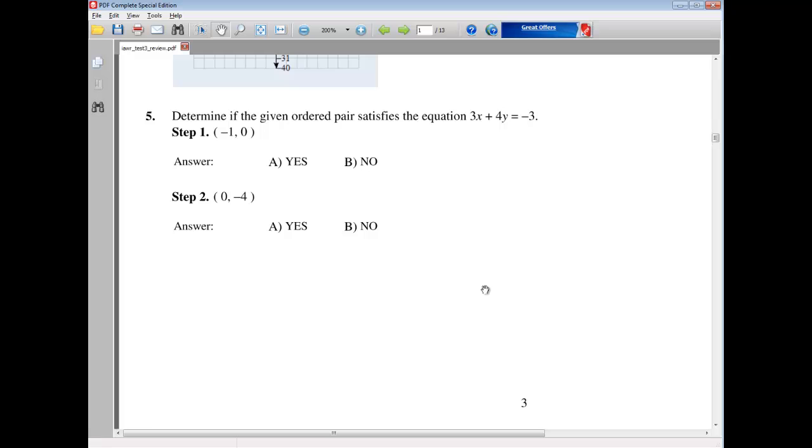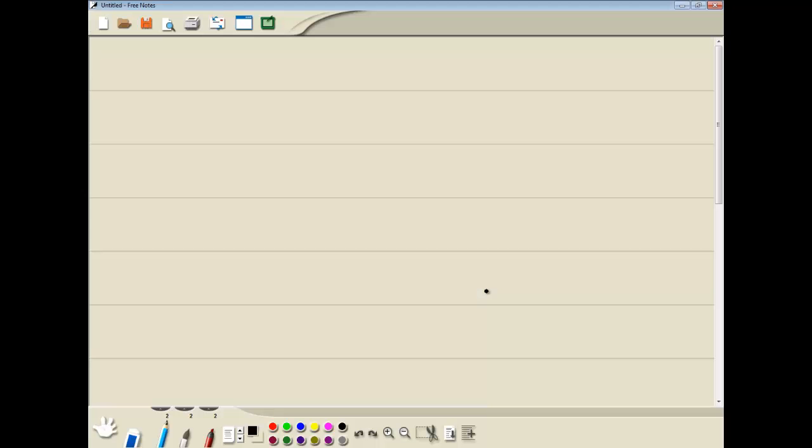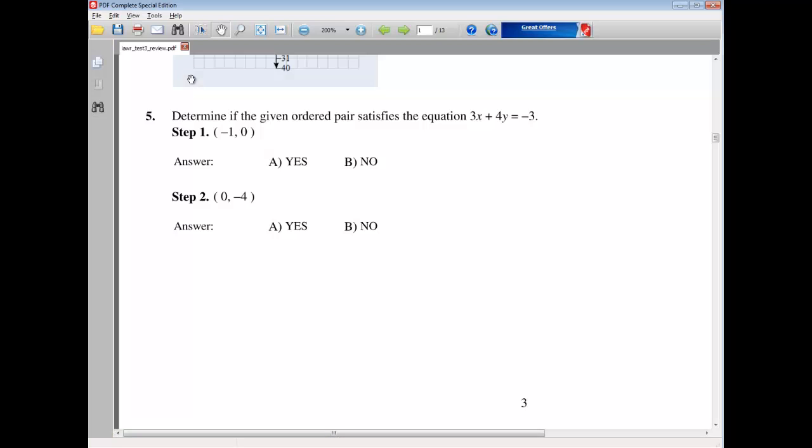Okay, determine whether the given ordered pairs satisfy the equation 3x plus 4y is equal to negative 3. So 3x plus 4y is equal to negative 3. We've got negative 1, 0.